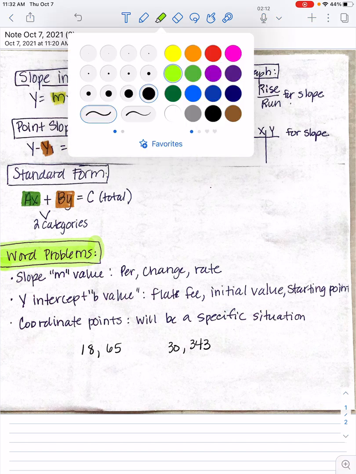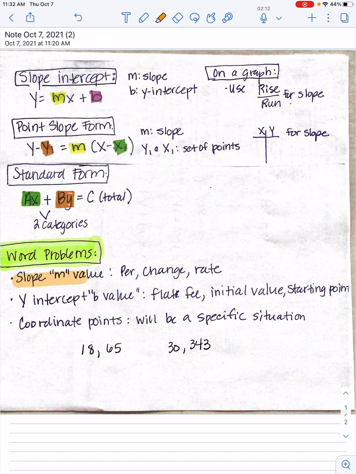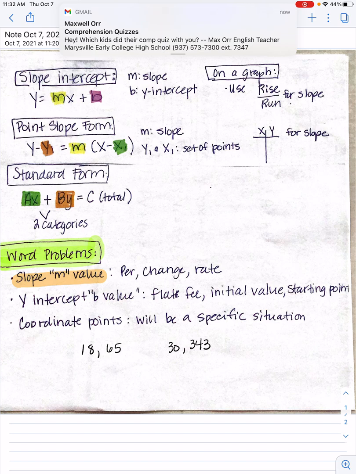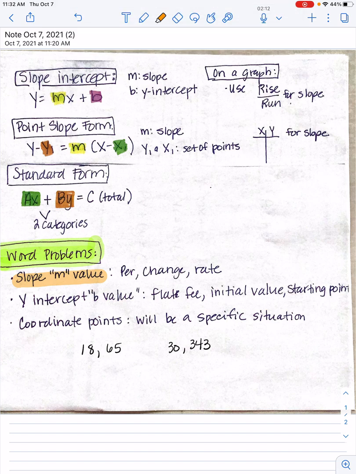So the first word that we're going to look at is slope. So remember, slope is your m value in your different forms of the equations. It's the letter m, that's what represents slope. So when you're reading these word problems, you may see words like per, a change, or a rate.